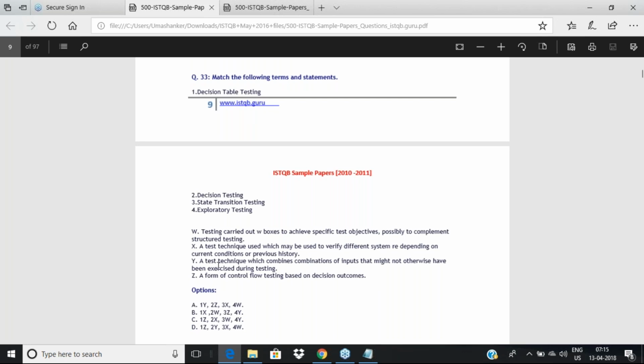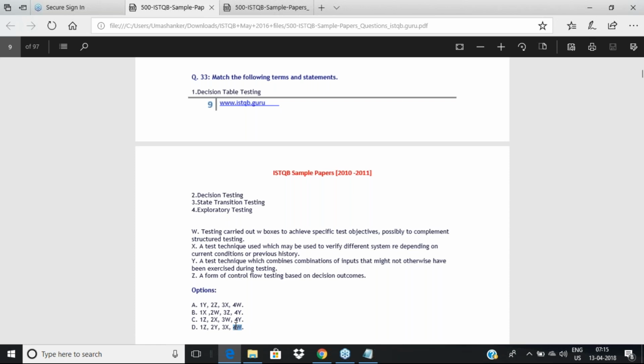Y says a test technique which combines combinations of inputs that might not otherwise have been exercised during testing. And 3X, state transition technique, says a test technique which may be used. That's also similar. 4W, exploratory testing. Testing carried out.